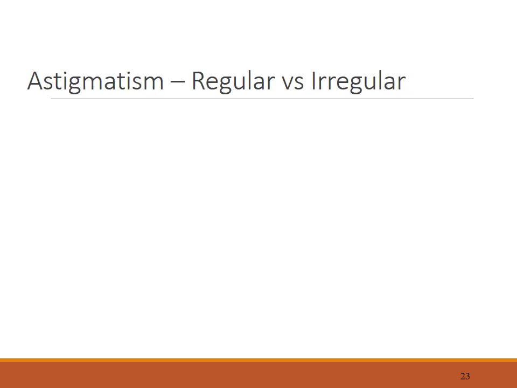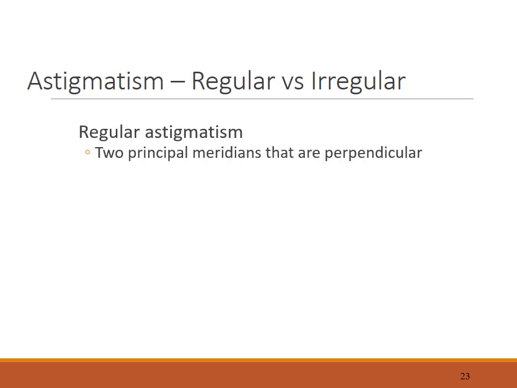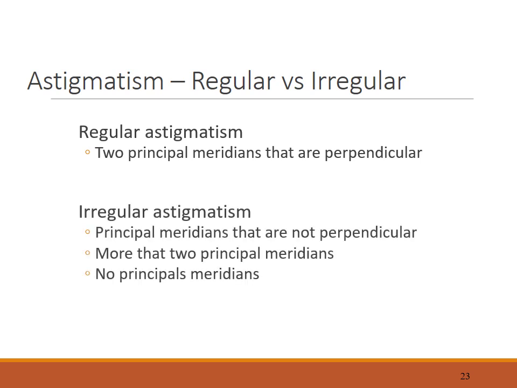In astigmatism, we have regular and also irregular astigmatism. Regular astigmatism refers to two principal meridians that are perpendicular, or 90 degrees to each other. For example, if one principal meridian is at 150, then the other meridian will be at 60 degrees.